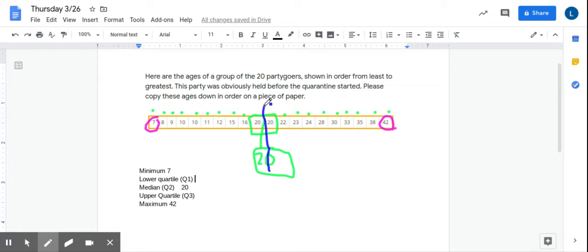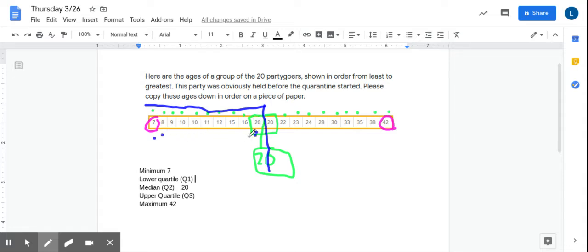All right, so the next thing we need to do is find the lower quartile, or Q1. I cannot draw a straight line to save my life here. All right, to find Q1, we're going to find the median of the lower half of the data. So I'm going to do the same exact process. I'm going to put a dot after I cross off each one. I'm including 20 in my data set here.